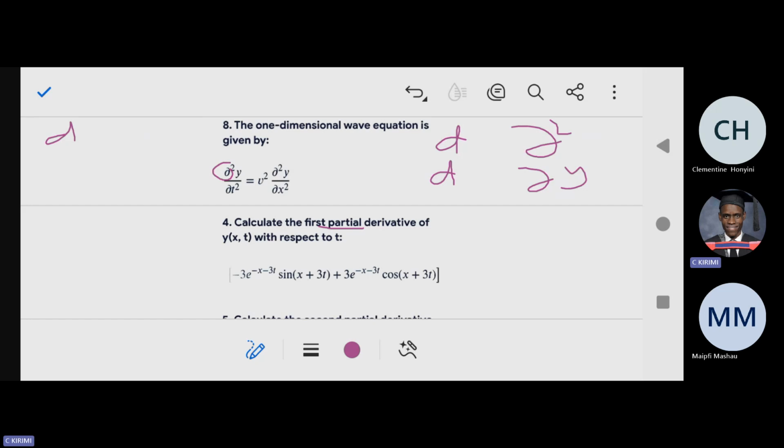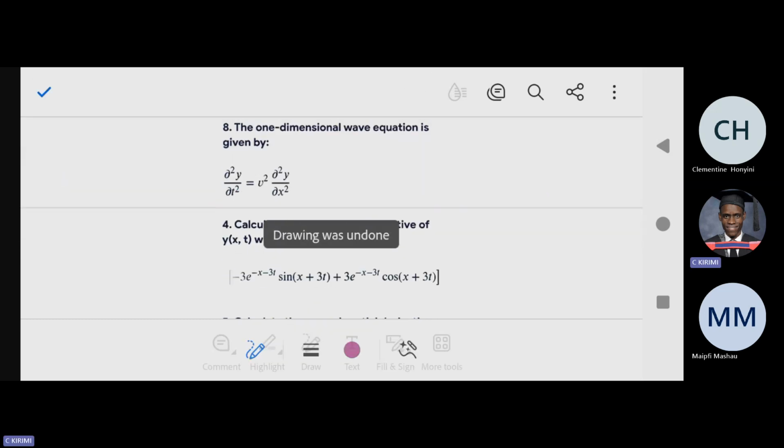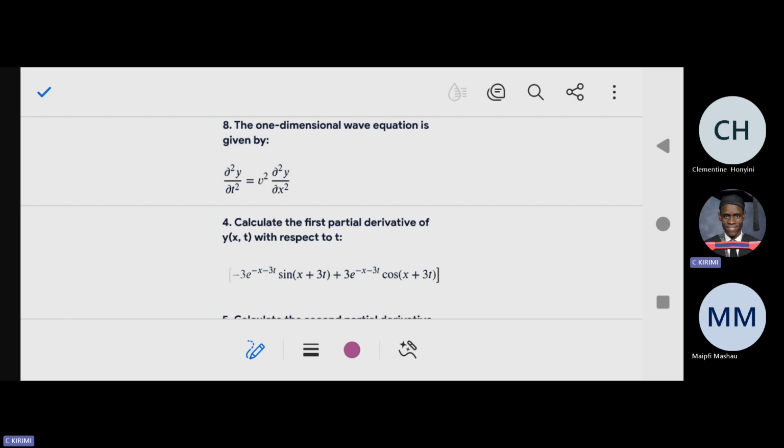All right, so for the one-dimensional wave, what is it that we are saying? We are saying that if a wave is one-dimensional, it must satisfy this condition, whereby this v squared is just a constant, which is just a number.